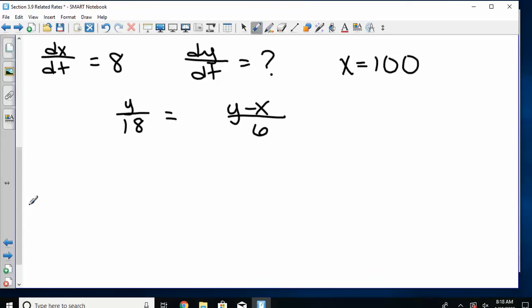Okay, what would we do now? I probably don't want to do the derivative of this yet. It's kind of ugly. Cross multiply. So y times 6 would be 6y equals 18 times y minus x.